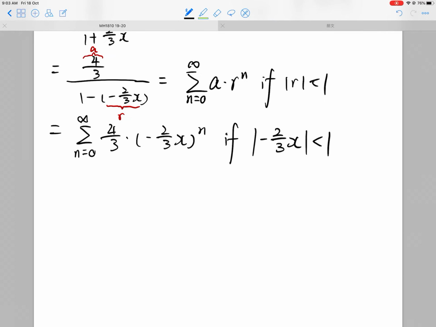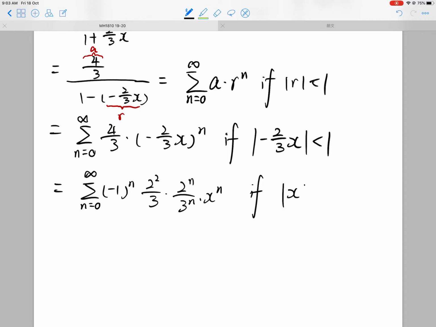So we can simplify this. First we have a negative part, so it's negative 1 to the power of n. Then I have this part to the power of n, so we have 2 to the power of n over 3 to the power of n, times x to the power of n. Here, if the absolute value of x is smaller than 3 over 2.